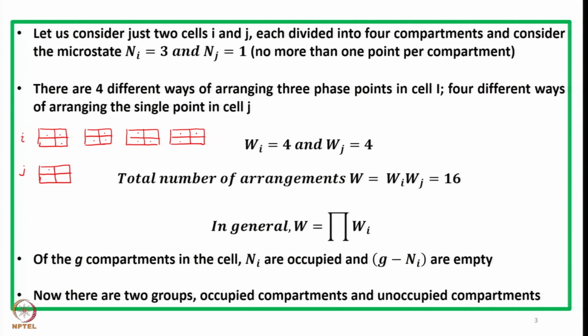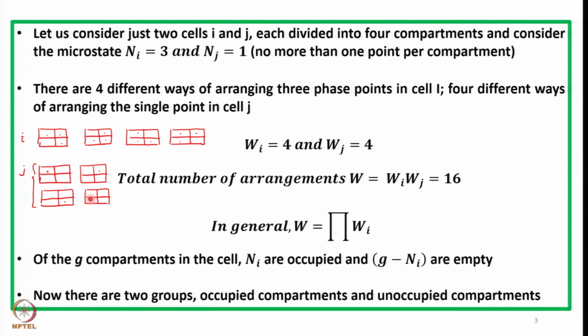And in cell J, I want to put only one phase point. So this can be here, or here, or here, or here. So this is your cell J. So what I have, 1, 2, 3, 4, Wi is equal to 4.